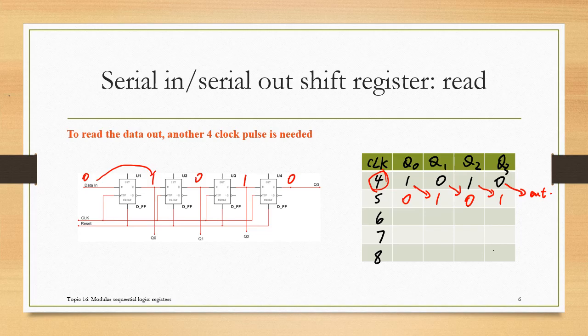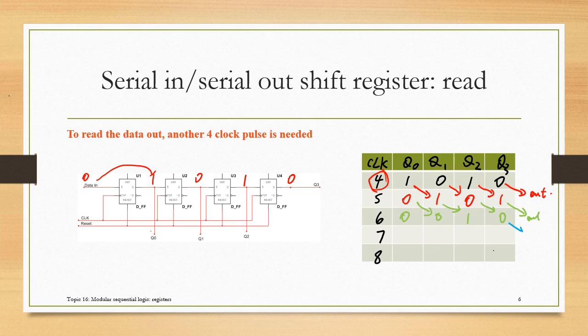Now at the next cycle, this bit will be out, and this will shift to Q3, this to Q2, this 0 to Q1, and no data, so just 0 is stored to Q0.